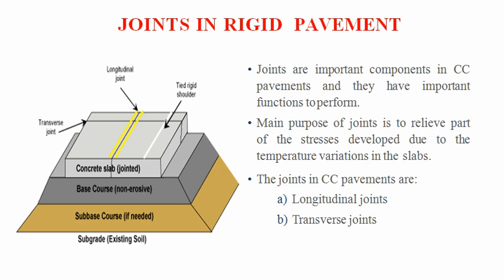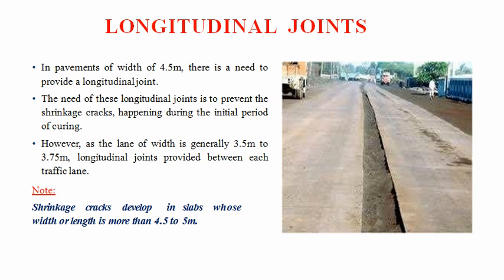The joints in cement concrete pavements are, first, the longitudinal joint, and second, the transverse joint. In the first case, the longitudinal joints run throughout the length of the rigid pavement, and in pavements of width 4.5 meters, they are needed.